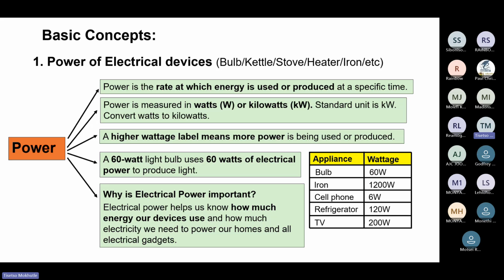It means if all the appliances were connected for maybe 5 minutes, the iron will be the one that uses the most electricity, and the one that will be using the least electricity, obviously, will be the cell phone.